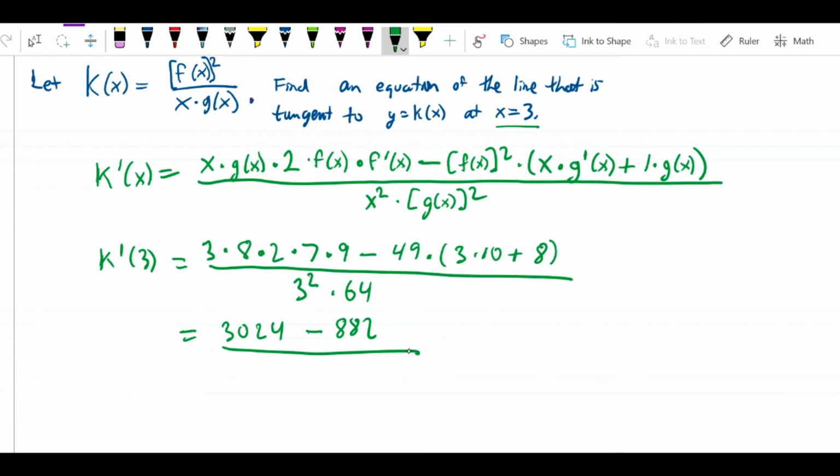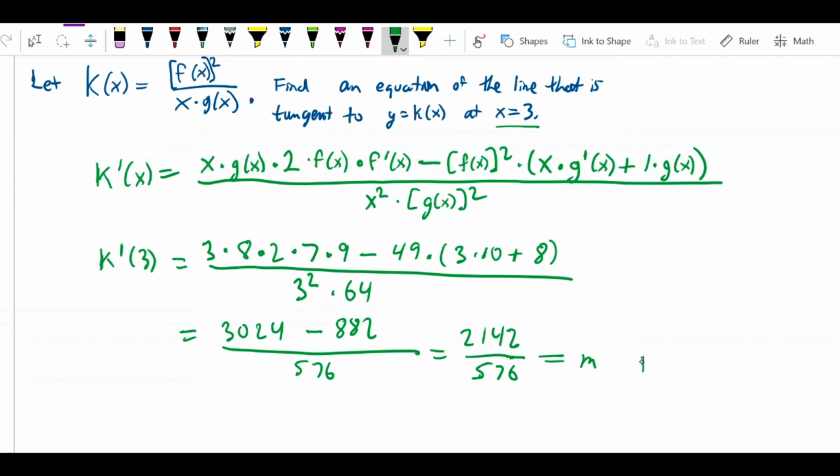And then on the bottom we have 9 times 64, and that's 576. So this is 3024 minus 882 over 576, which is 2142 over 576. Could reduce it, but there's no real reason to. So this is going to be the slope of the tangent line at x equals 3.